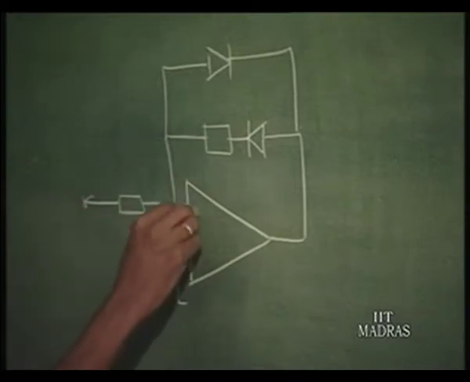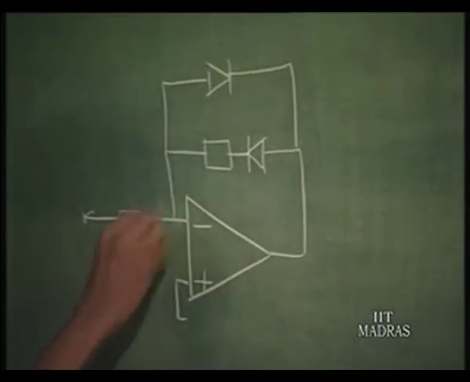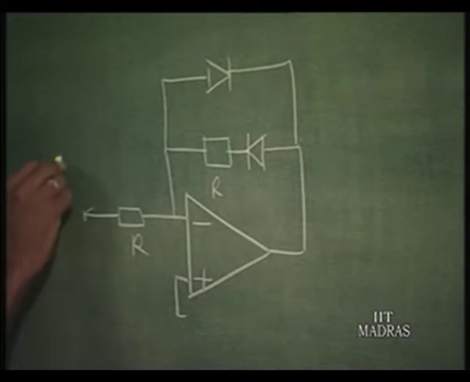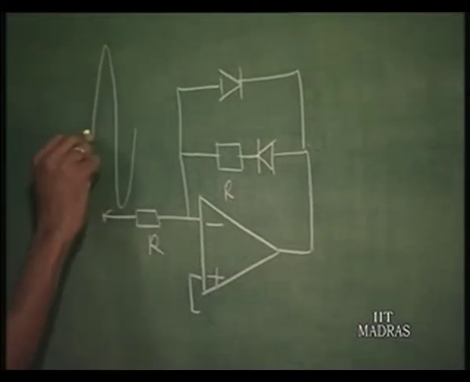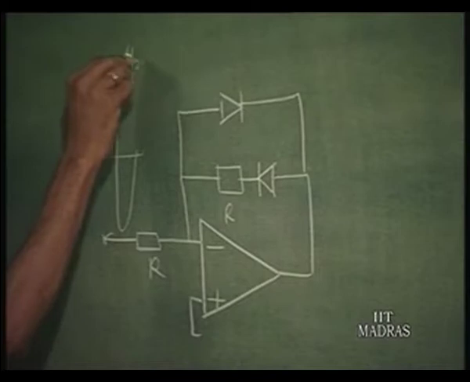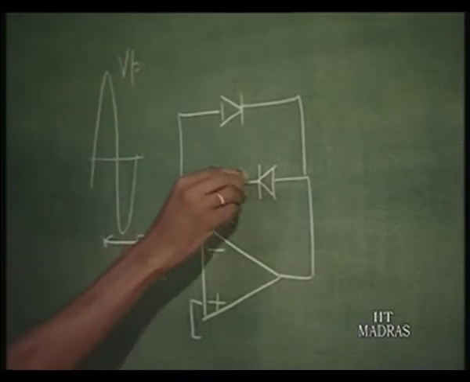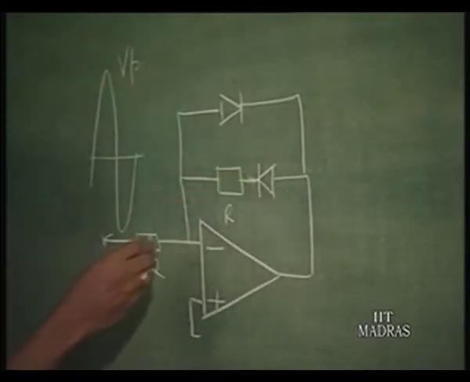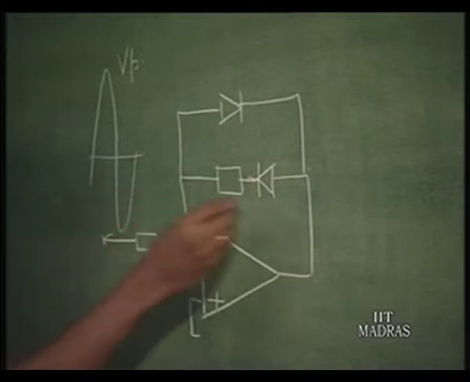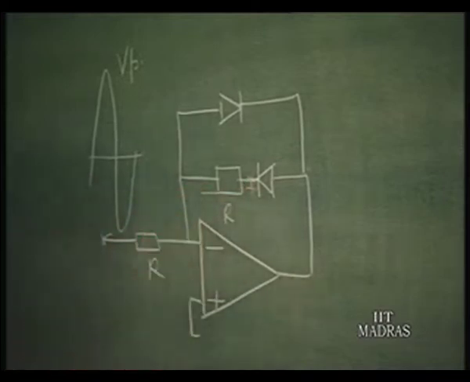So, if you connect this kind of structure R, when you have a waveform like this going up to Vp, this particular thing is going to conduct only when this goes negative. So, this will be positive and that will be negative.